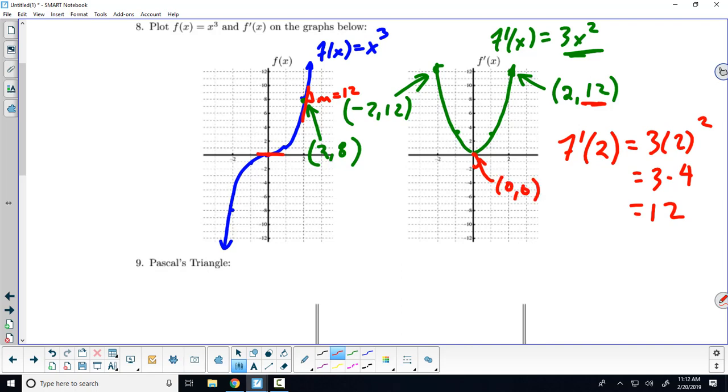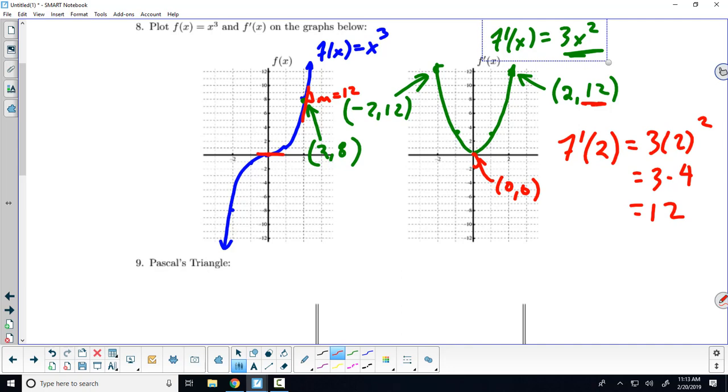But notice that everywhere else, when I draw a tangent line, what is the slope on those tangent lines? Everywhere along here, as I put tangent lines, what are the slopes of them? They're all positive. What are the y values of the derivative of this function? They're always positive. When I look at the graph of this derivative, I see that this function should be always increasing.